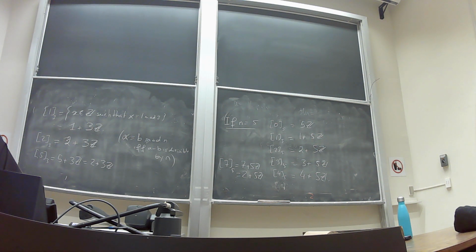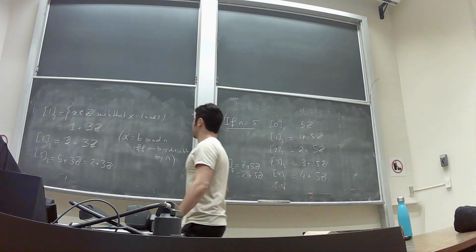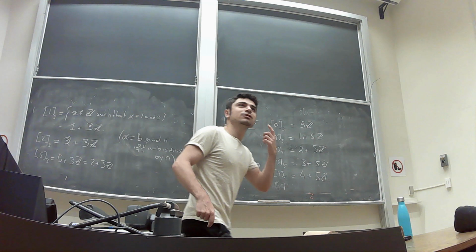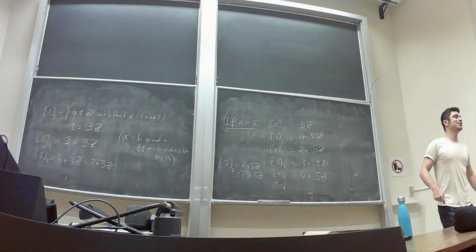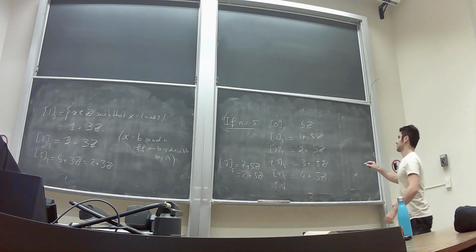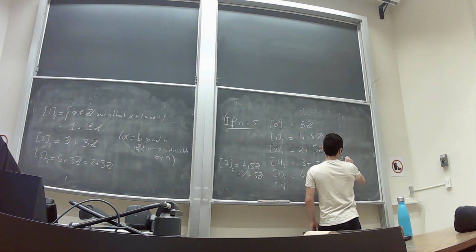Can you explain the word mod, like mod 3? Modulo means up to. So 5 is equal to 3 up to a multiple of 2, differing by a multiple of 2. It means 5 is congruent to 3 mod 2.